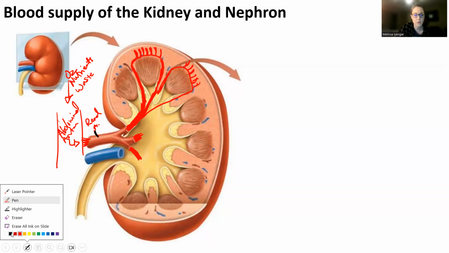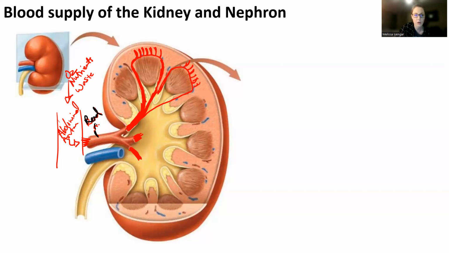All right. So I'm going to go through here and label all of these blood vessels. So we have the renal artery, and then it branches to become the segmental artery. The segmental artery you should find in the renal pelvic area. So kind of where the hilum is into the renal pelvis. And then once you are inside of the renal medulla between the pyramids, this becomes the interlobar.